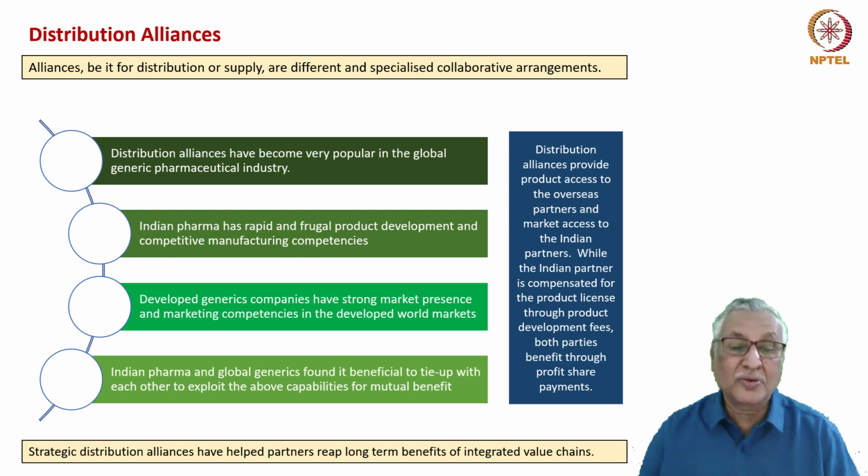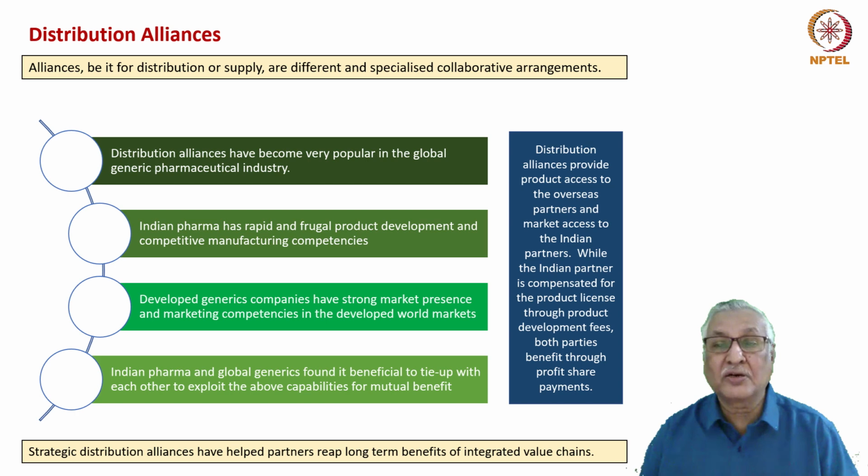Indian pharma and global generics found it beneficial to tie up with each other to exploit their mutual capabilities for the utmost benefit. Distribution alliances provide product access to the overseas partners and market access to the Indian partners.